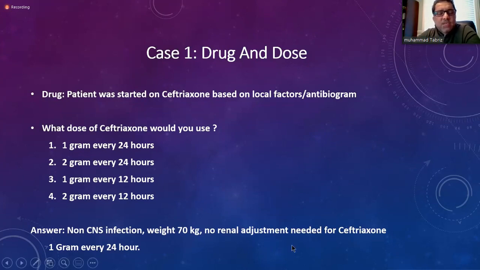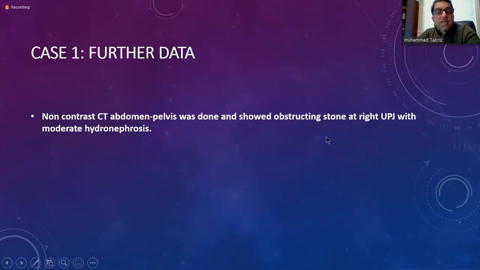That's why, unless you are dealing with a CNS infection where you need a very high drug concentration, almost every other infection we treat every 24 hours. Based upon weight, if it is less than 80 kilos, we use 1 gram. If it is more than 80 kilos, we use 2 grams.